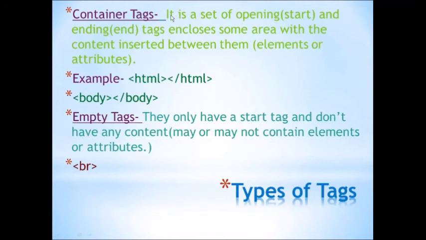Suppose, see here, it is a set of opening and ending tags, sorry. And here I want to come to the next line. So here we put one BR tag, like that.